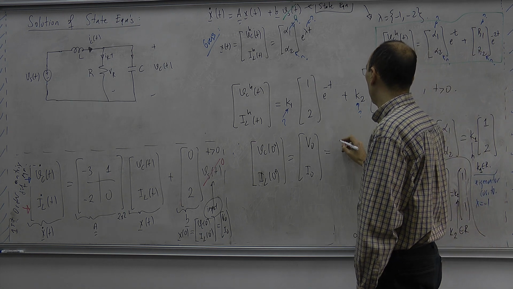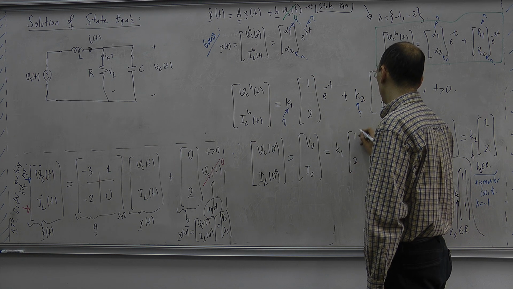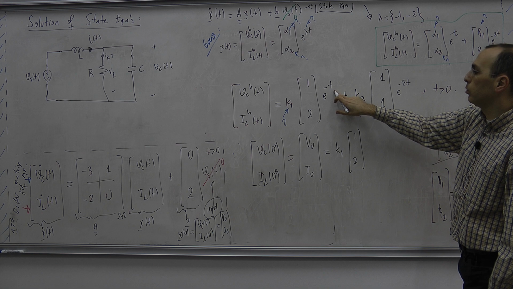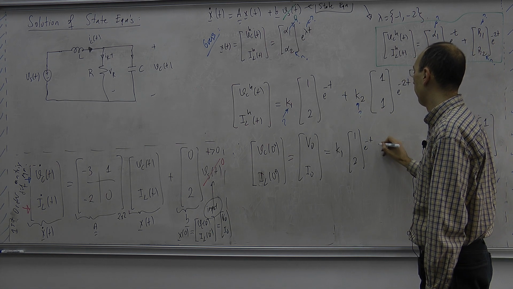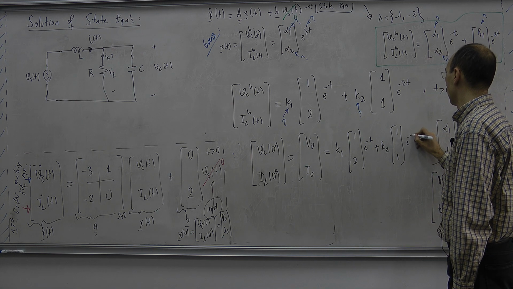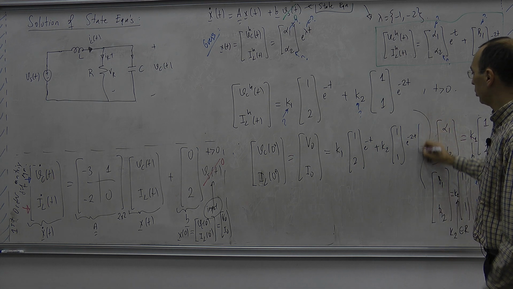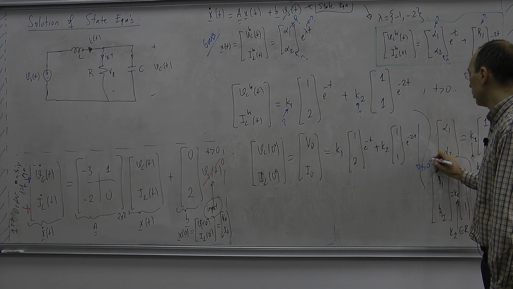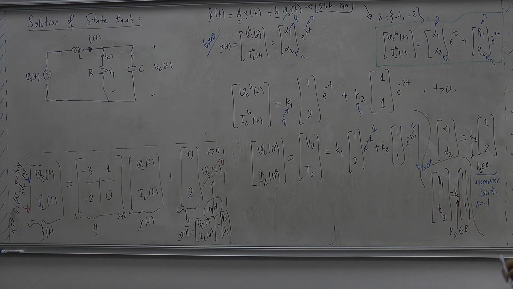Now I have the following then. Let me write k1, 1, 2. So substitute t equal to 0 plus, let me write this and then you will see. If you substitute t equal to 0 plus, so this becomes 1, this becomes 1, am I right?